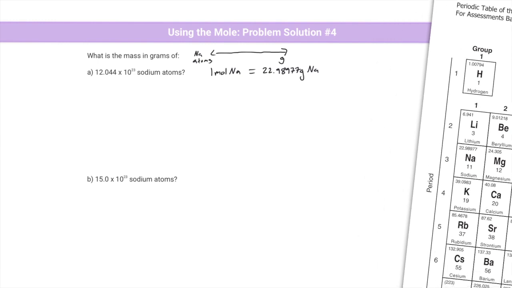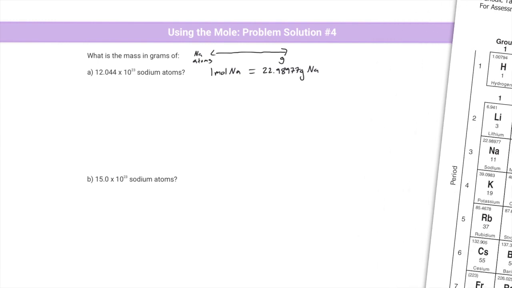I'll just shove that guy out of the way. Now that we have our conversion factor, it's just a matter of doing our dimensional analysis. And I'm just going to set them up in parallel since they're the same problem, really.